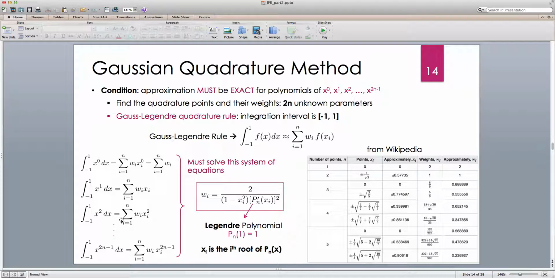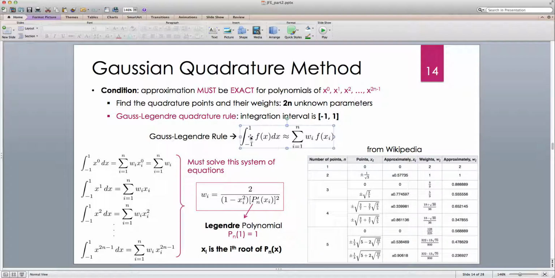It's possible to calculate the exact solutions by hand, just using the math, right? Solving the 4 equations, you end up with the fact that x1 and x2 are plus minus 1 over square root of 3, and the weights wi are 1.